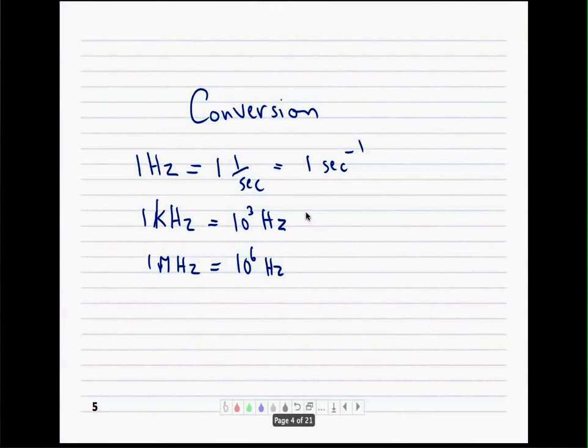If we're going from the big one to the small one, it's positive, 10 to the power plus 3. If it is from the small one to the big one, it's minus. And 1 megahertz, and this is mega, not milli. Megahertz, this is why we write it as big one, equals 10 to the 6 hertz.